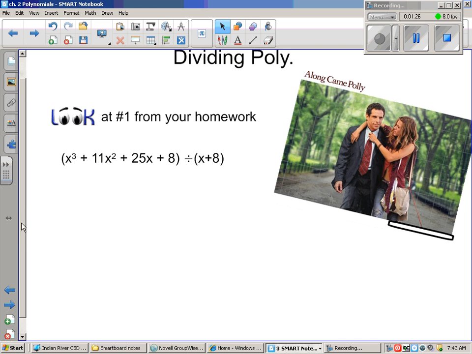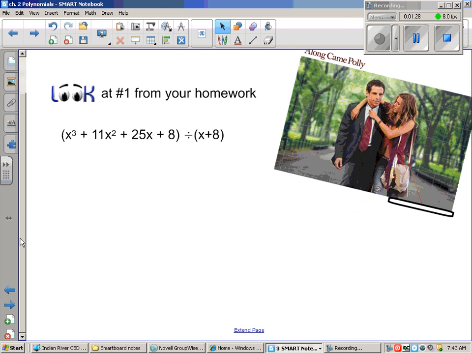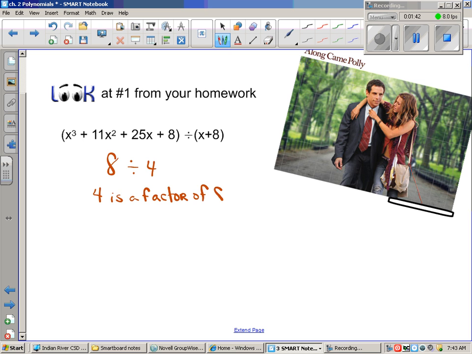We would use division. Very similar to if I said to you, okay, you have 8, and 4 is one of the factors. How would you figure out what the other factor is? Of course, that just means you're going to divide.